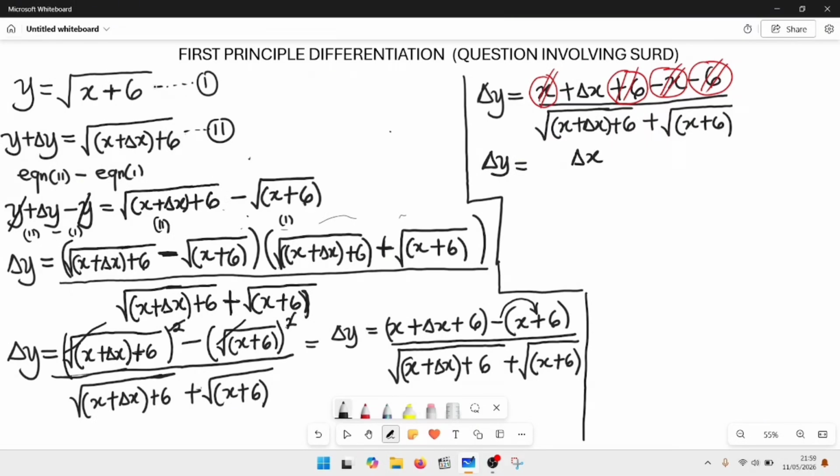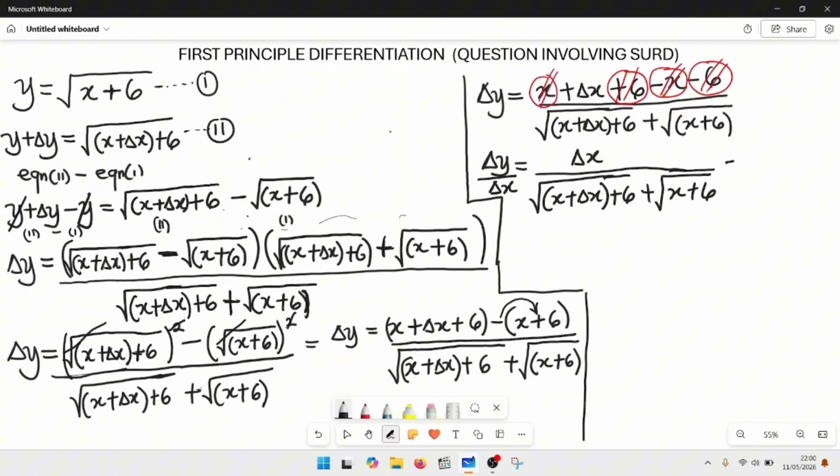Delta x over the square root of x plus delta x plus 6, right, and then plus the square root of x plus 6. Alright, so from here what do we do? We divide both sides by delta x.